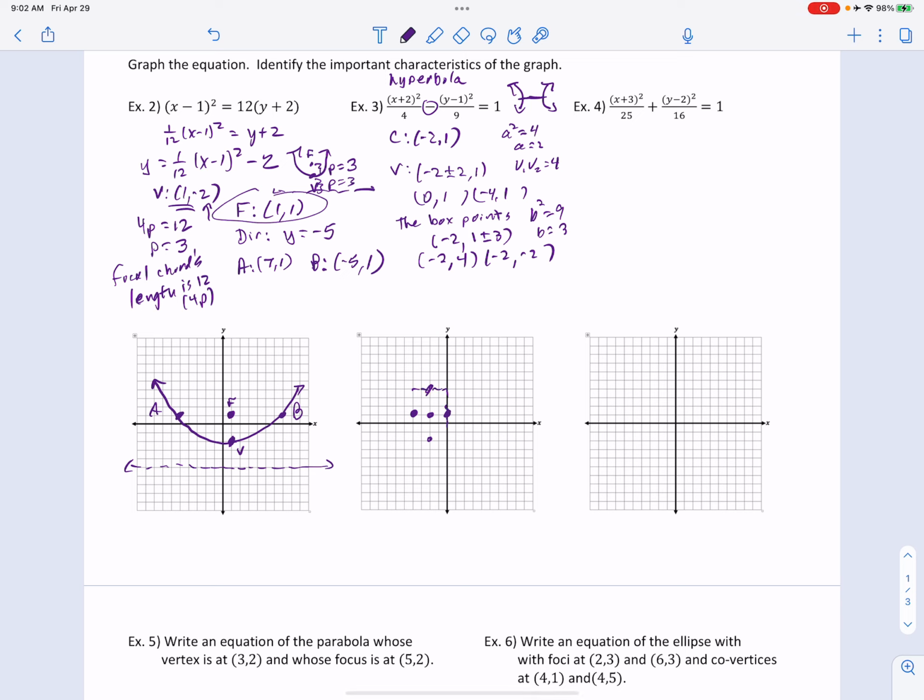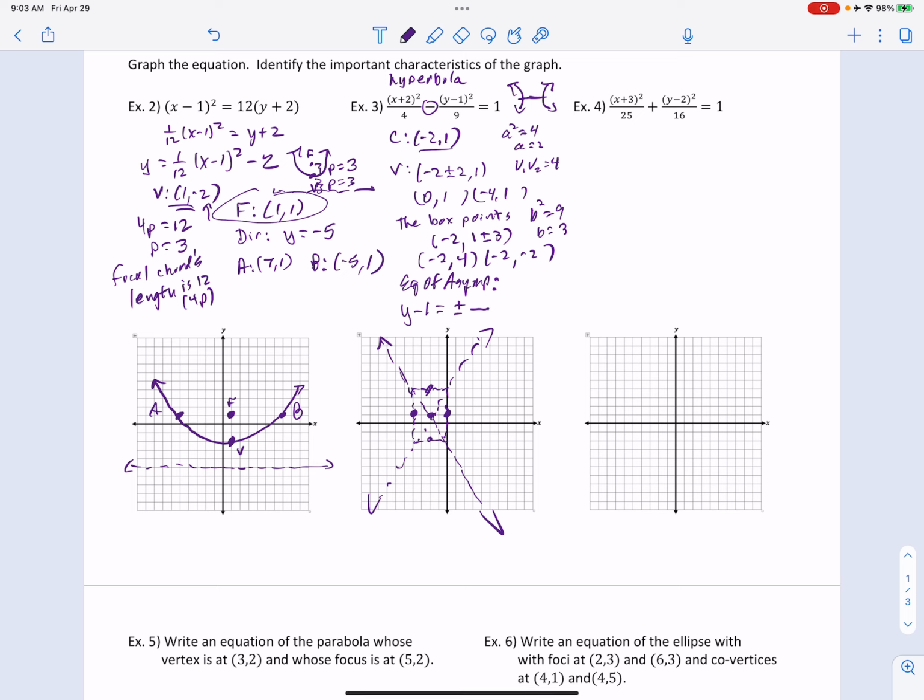And then we're going to dash our box. And then we can put our asymptotes through the corners and through the center and dash those. And from here, I need the equations of the asymptotes. And since the center is at -2, 1, it's going to be y minus 1 equals plus or minus.